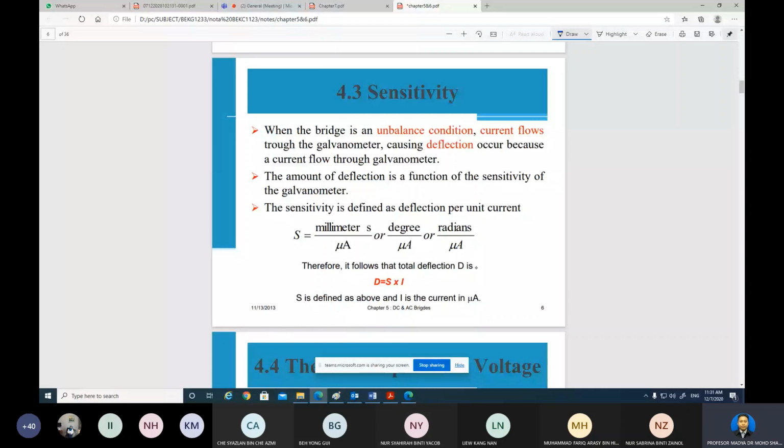Sensitivity is defined as the deflection per unit current. This is the formula for sensitivity. To calculate the deflection, the formula is sensitivity multiplied by current.